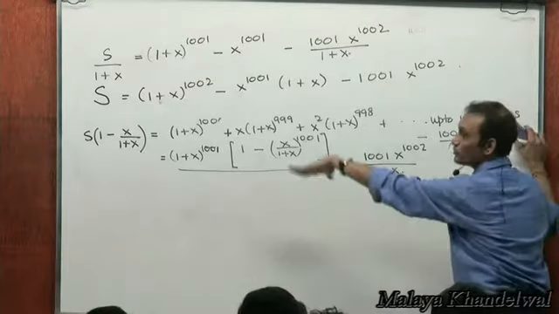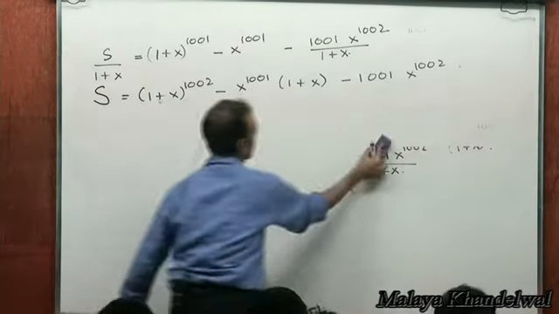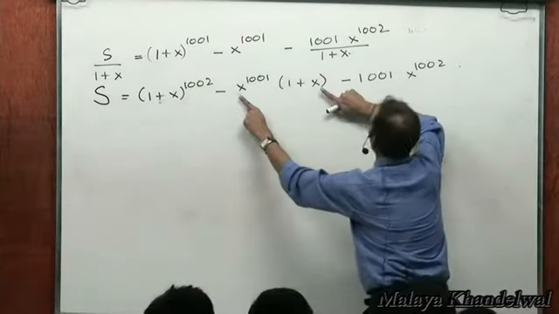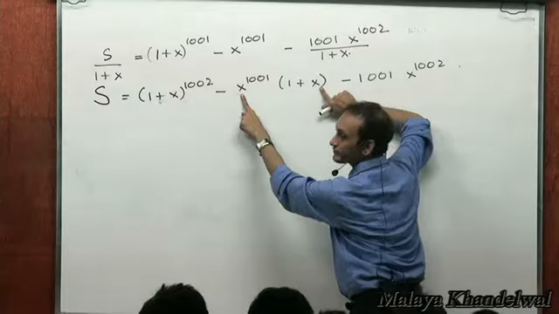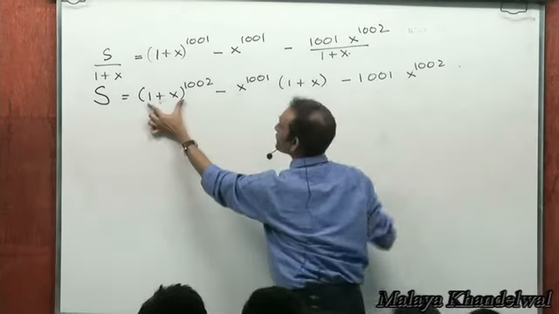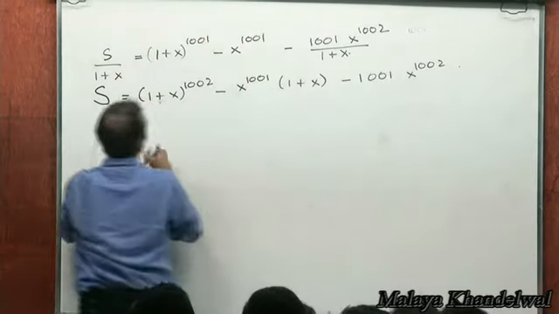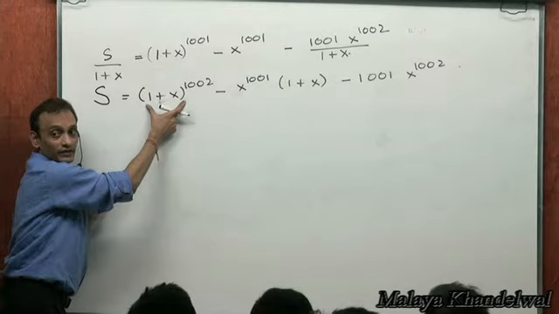Now can I just remove this? Now will there be any appearance of x power 50 in this? There is no x power 50 in this. So in this whole thing x power 50 will appear only here, and therefore coefficient of x power 50 in the whole thing will be coefficient of x power 50 here. Yes or no?